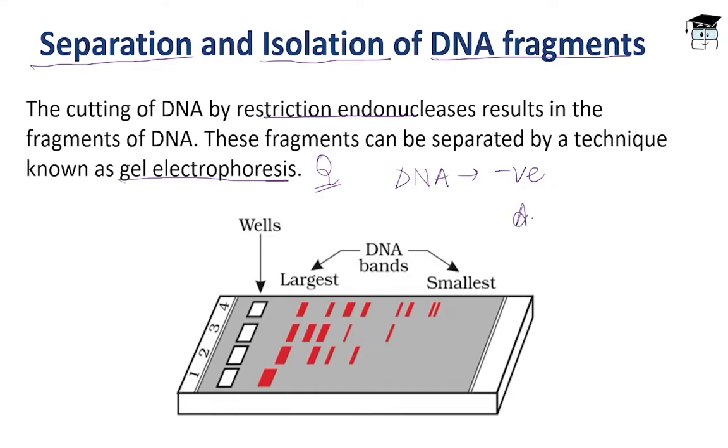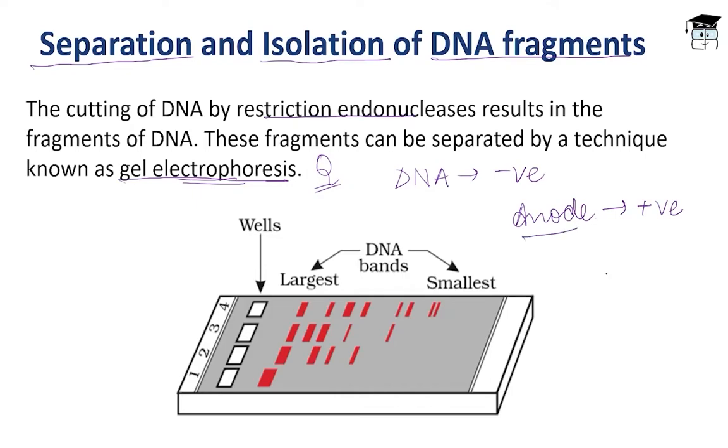The anode is positively charged. We are going to carry out the electrophoresis of the DNA. Electrophoresis means we are going to involve electricity in this process, so we are going to have a cathode and an anode. The anode is positive, which means the DNA fragments will rush towards the anode.